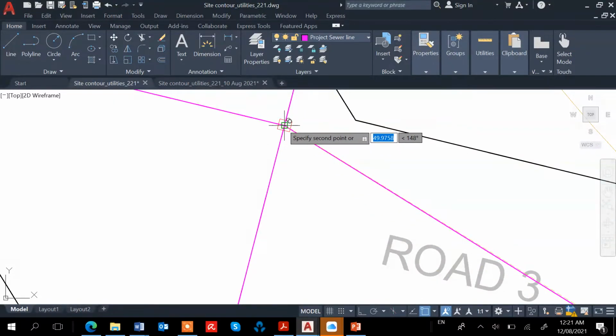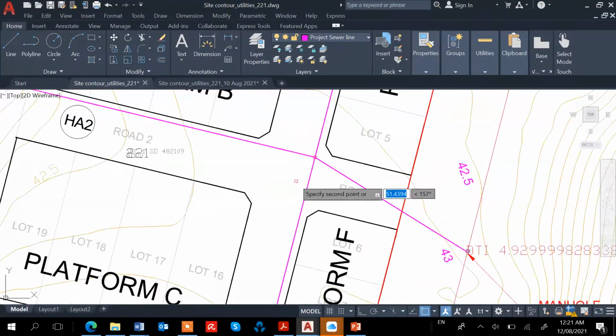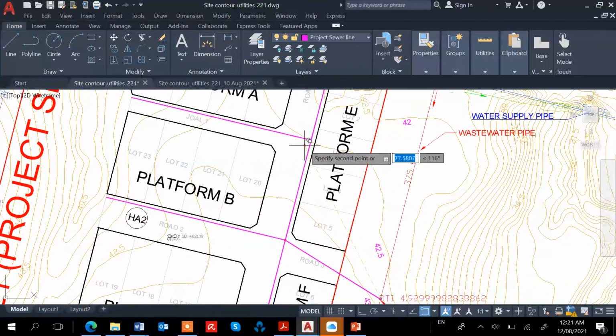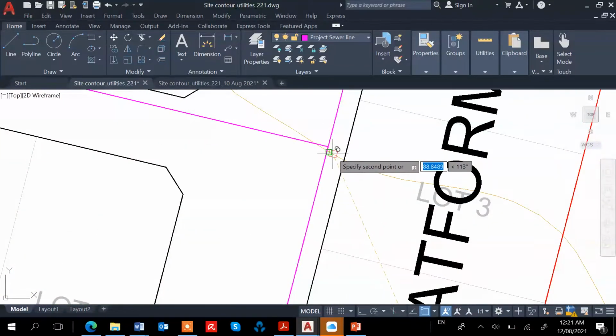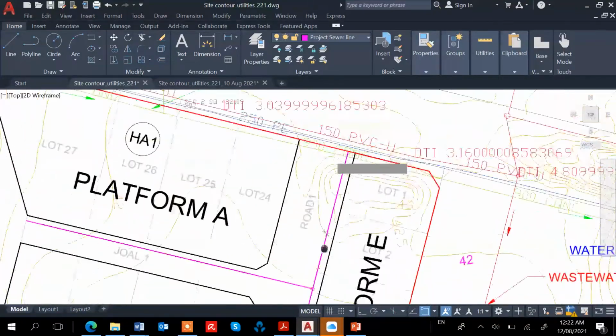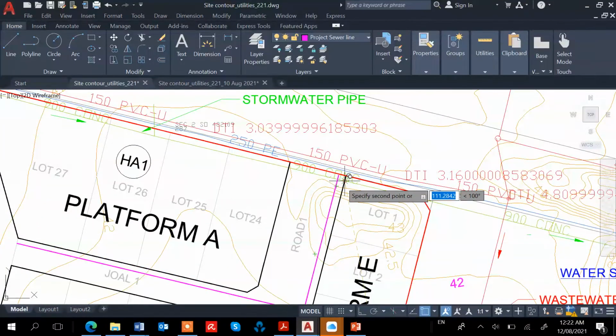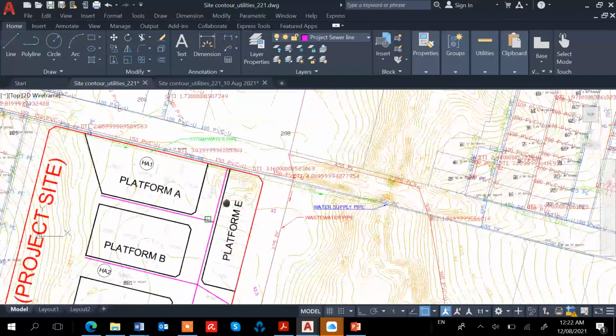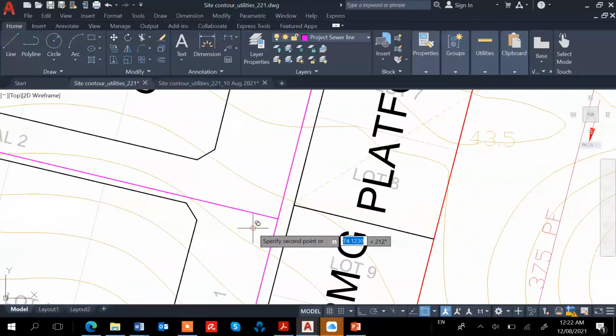Okay, so manhole here, and then when the pipes join together, at this junction, we need to put a manhole there as well. At the end, you don't need to put a manhole because they just put an end cap, and here as well, the end cap. We need to put a manhole here as well.